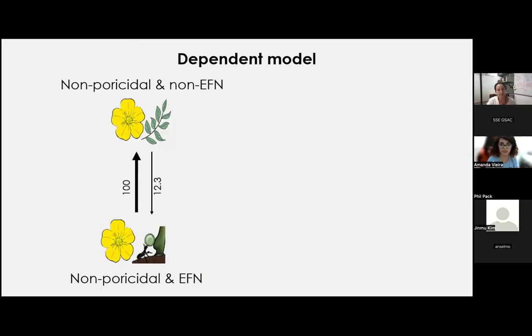So this was the favored model, the dependent model, showing that there is a correlated evolution between extrafloral nectaries and poricidal anthers. So we have here non-poricidal plants without extrafloral nectaries and non-poricidal anthers with extrafloral nectaries. So we have here the evolution of extrafloral nectaries. And we show that there's a higher chance of plants losing the extrafloral nectary, but there's a chance of plants gaining this trait.